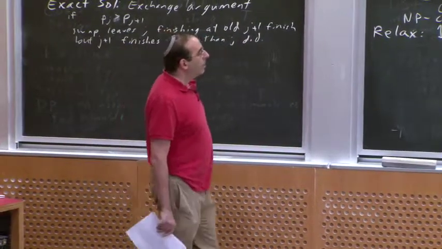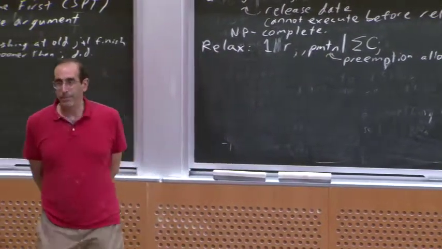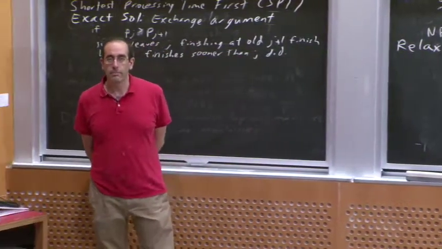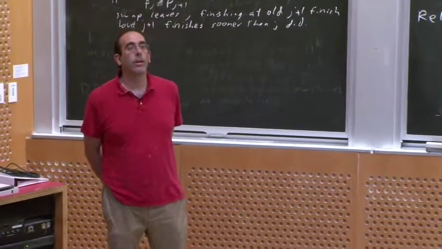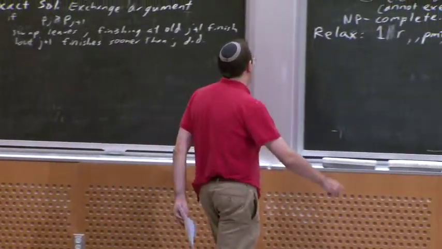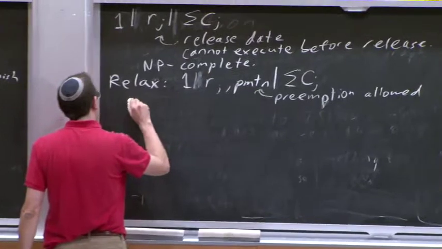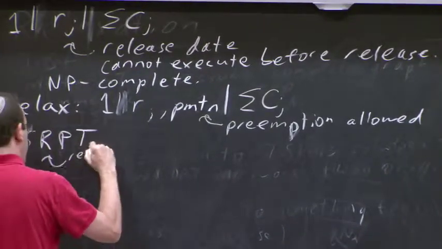Okay. So how might we solve the problem if we are allowed to preempt? Yeah? Do shortest job, and then at the release time, you reevaluate what the shortest job is. Good. So there's a heuristic called SRPT, where the R stands for remaining.